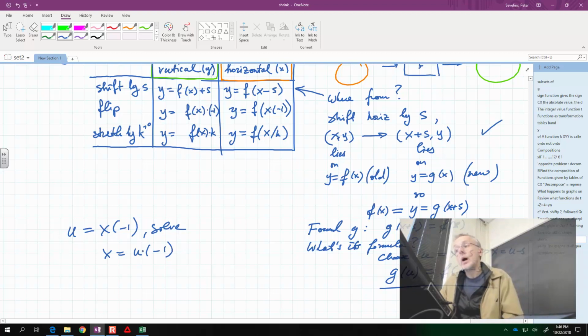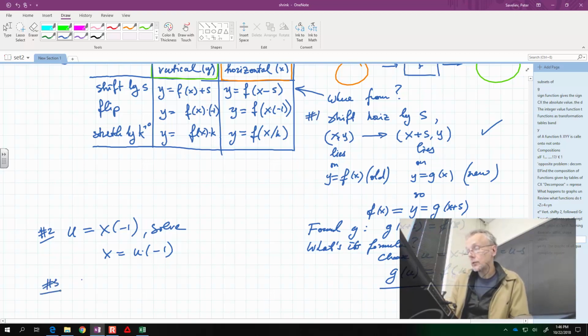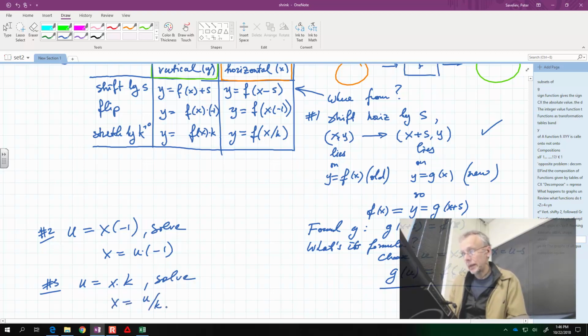And that is why we have the formula in the second column, second row. In the last column, second row, we multiply by -1. So that's the second one, and this was the first one. The third one is similarly u is equal to x times k.